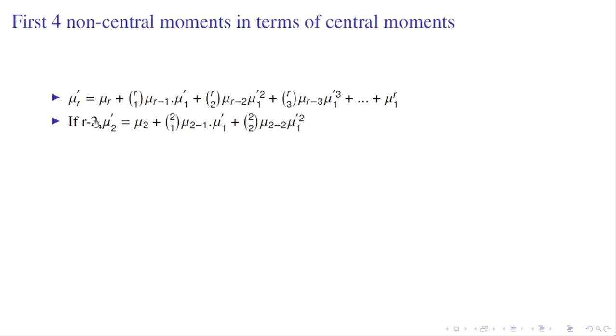Simply, if r = 2, μ2' = μ2 + 2C1 μ1 μ1' + 2C2 μ0 μ1'^2. Here μ0 is equal to 1, and μ1'^2 remains here.